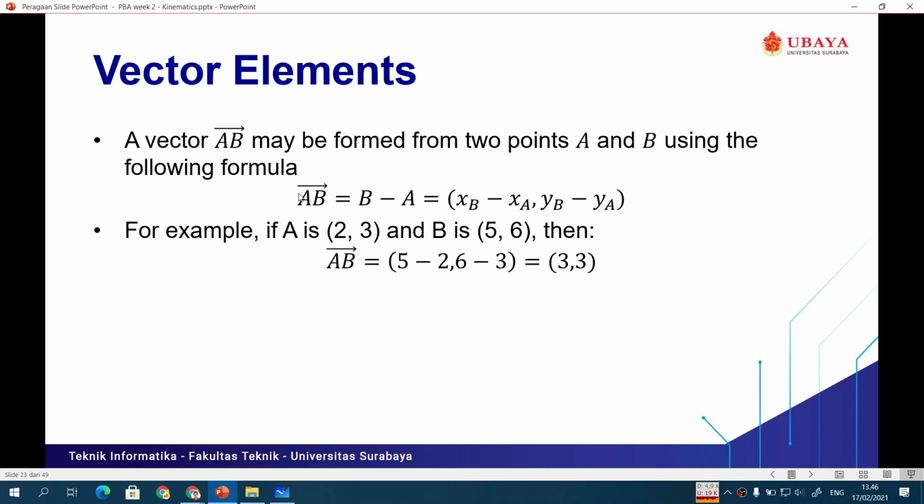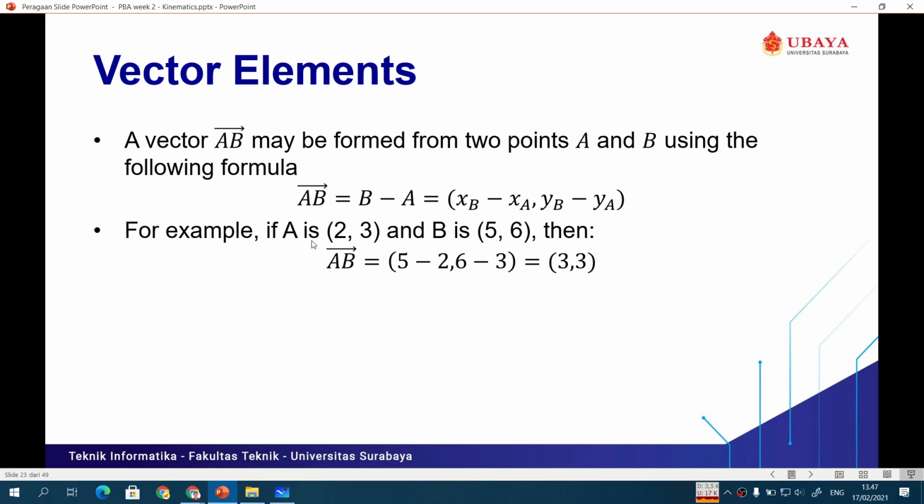If I have AB, then the x component is xb minus xa, and the y component is yb minus ya. But you need to remember that it switches the other way around. AB is B minus A, BA is A minus B. So the last point is subtracted with the first point.